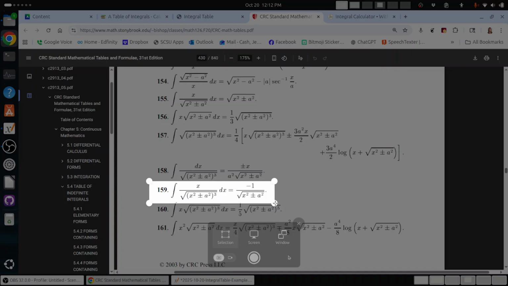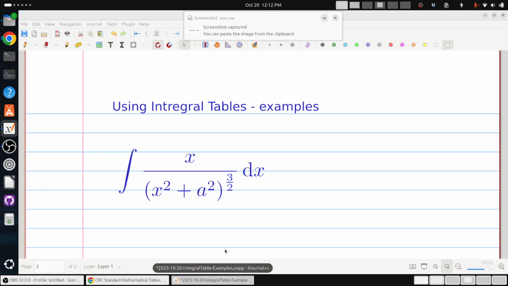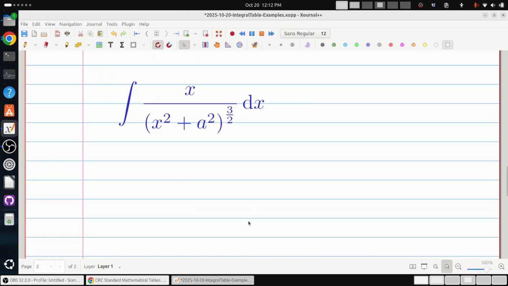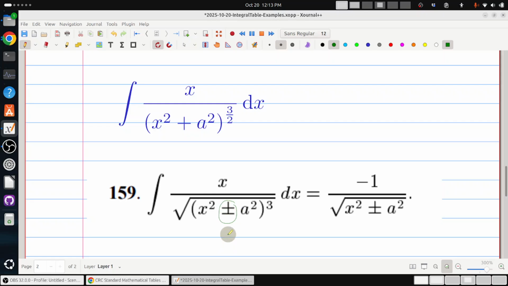So I'm going to grab one of these here, and we're going to show that we can put ours in this format to be able to use it. I'm going to come back over here and paste this one down. A couple of things for you to notice about these. First of all, this one includes a couple of possibilities. I've got a plus, but it's got a plus or minus.